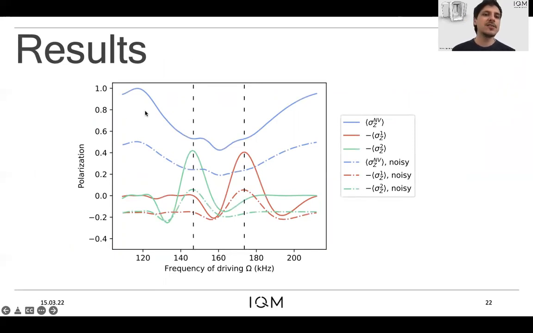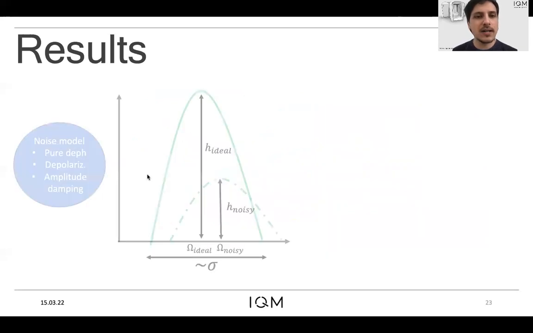Well, this graphic was already shown by my colleague in his talk, and here we can see the polarization in the y-axis of each nucleus for a range of different frequencies for the microwave driving we are sending to the sample. And we want to obtain some information about these peaks. So let us focus on one of them.